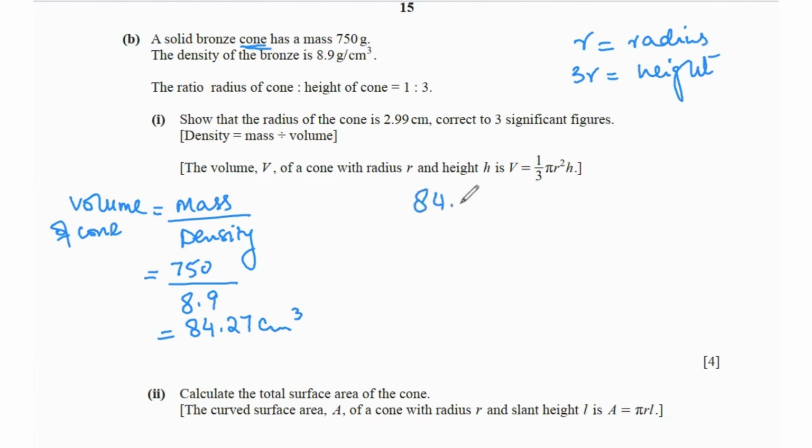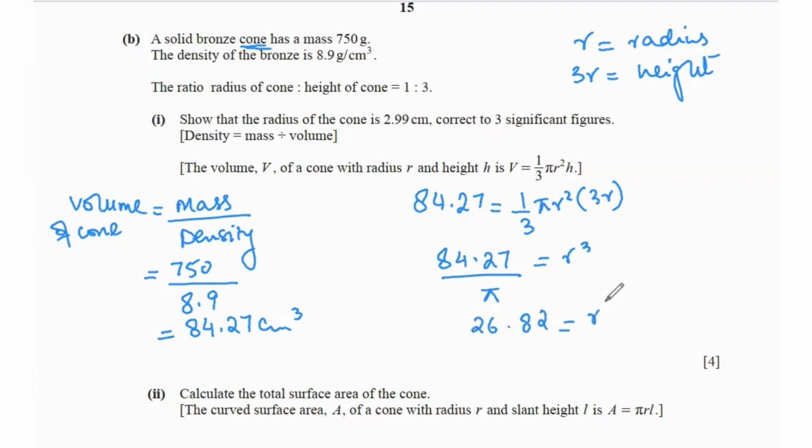So 84.27 is equal to 1/3 pi R squared times 3R, because the ratio of radius to height is 1:3, so it's R to 3R. 84.27 divided by pi equals R cubed because the 3's get cancelled out. So that's going to be 26.82 equals R cubed. Take the cube root on both sides, and that's going to give us 2.99 centimeters as our radius.